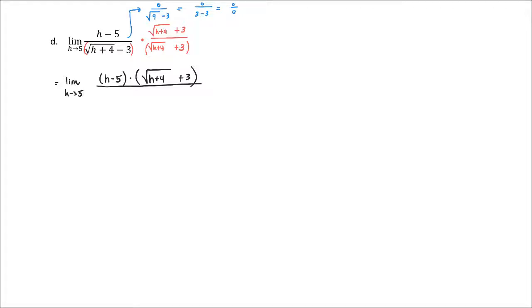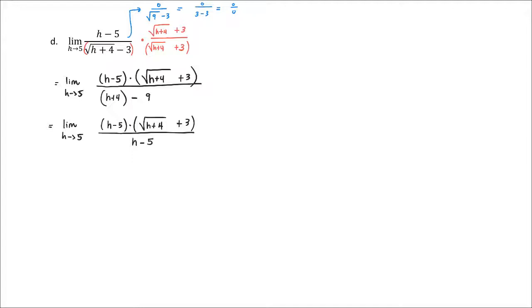In the denominator, remember, if you multiply conjugates, you get a difference of squares. So we are going to have here h plus 4 minus 9. So then that is going to give us the limit as h approaches 5 of h minus 5 times the square root of h plus 4 plus 3, divided by h minus 5, because 4 minus 9 is minus 5.